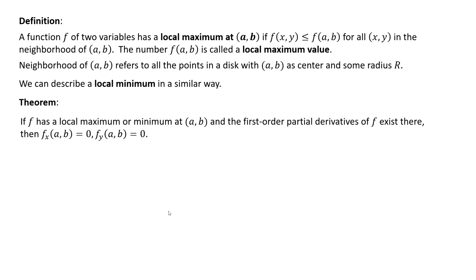If f has a local max or min at (a, b), apparently the partial derivative of f with respect to x is guaranteed to be 0, and the partial of f with respect to y at (a, b) is guaranteed to be 0. Isn't that interesting? If you have a local maximum or a local minimum at a point, the partial derivatives, with respect to x and with respect to y, each of them is going to be 0.